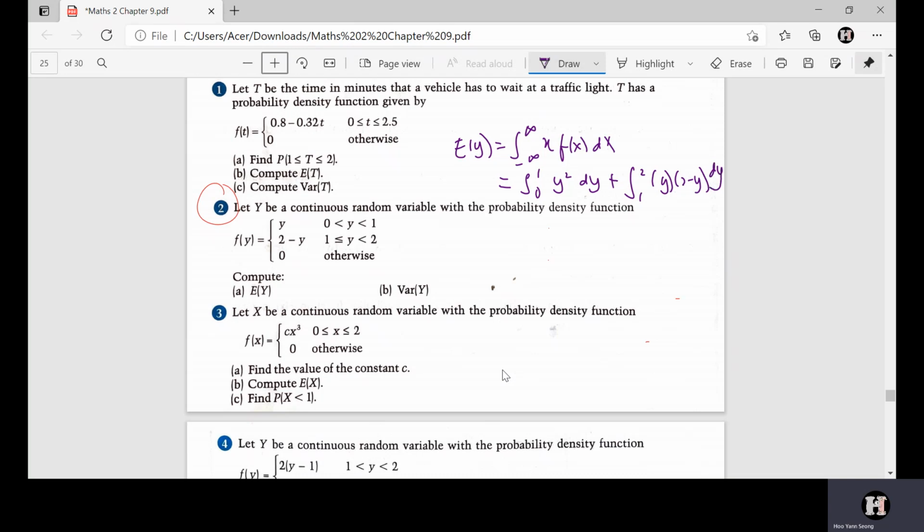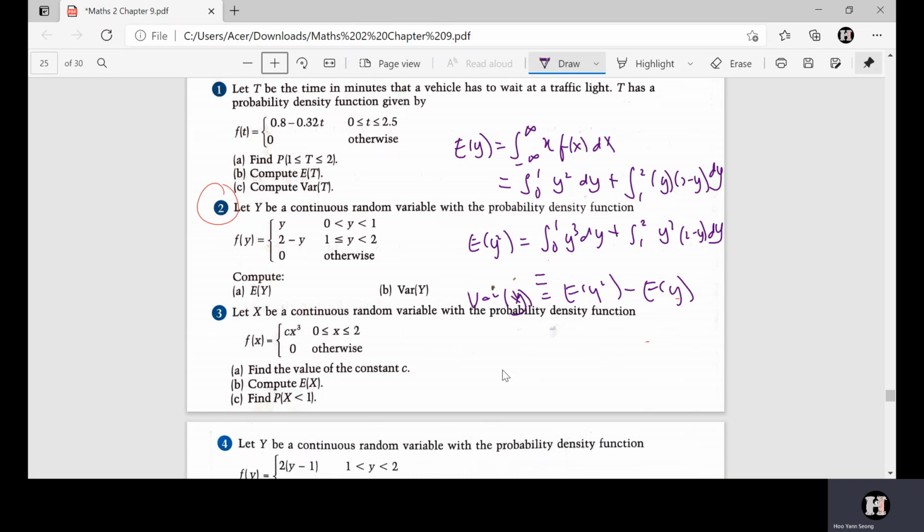And for variance, nobody wants to use the other formula, just use E(Y square). So the integral from 0 to 1 of y cube, then this one becomes y square times (2 minus y) dy. So that is 1, and then your variance is E(Y square) minus (EY) square.